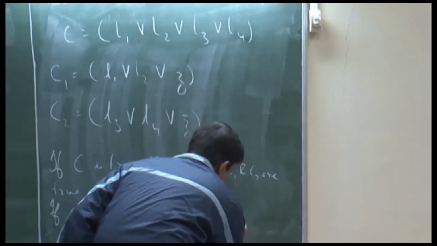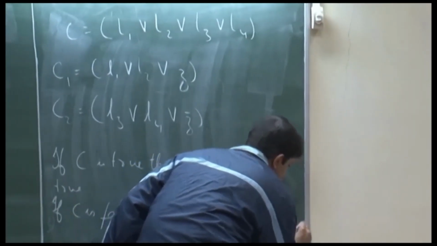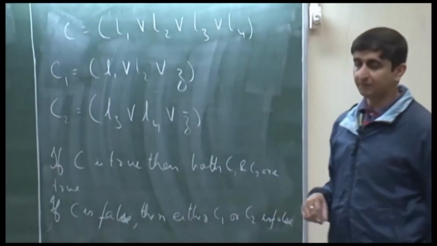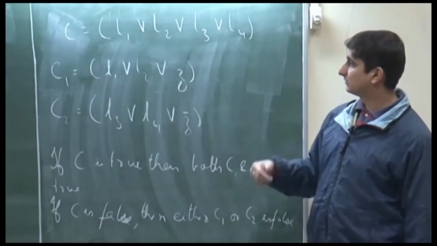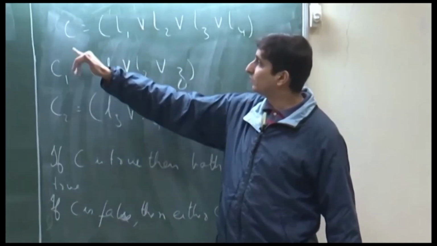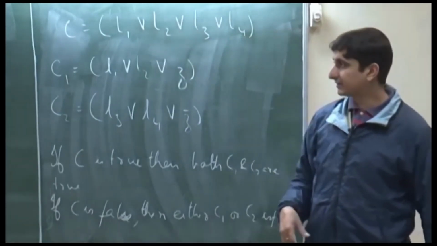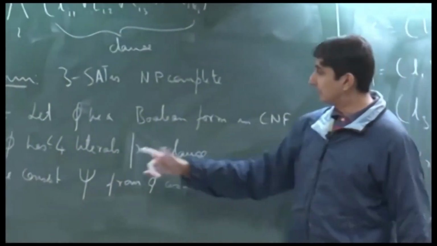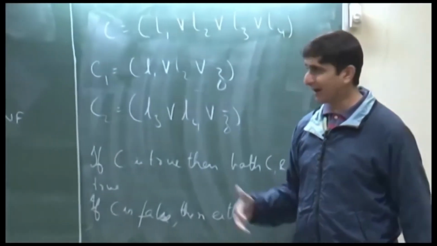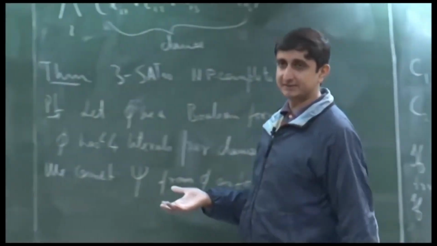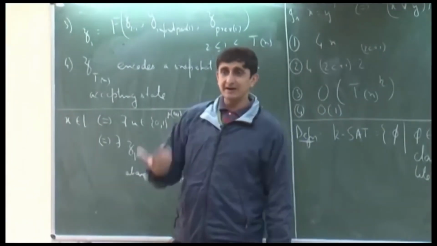Now, if we take an AND of all these clauses C1, C2 for every clause C in phi, we get a reduction, at least in this case, from 4 SAT to 3 SAT. Now you can see how this can be generalized: you start with any k SAT and reduce it to k minus 1 SAT.